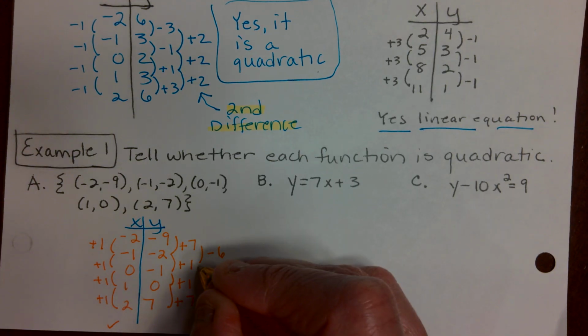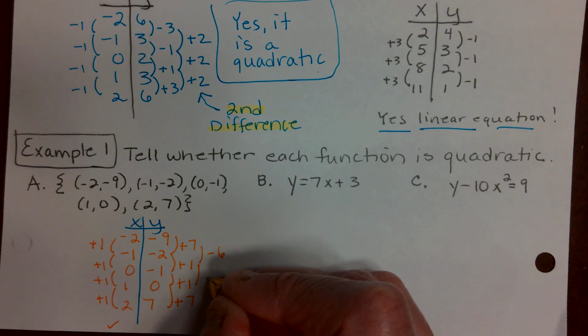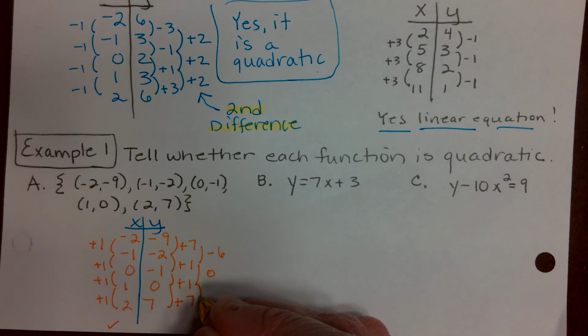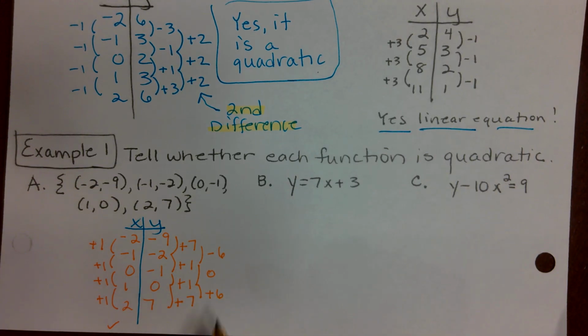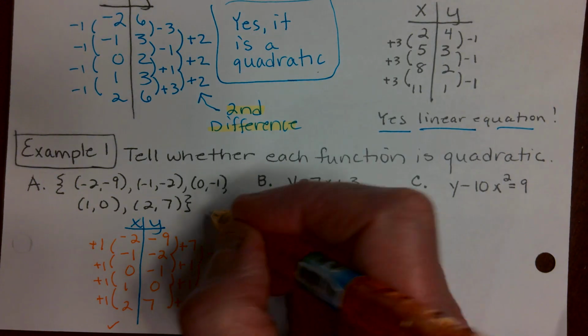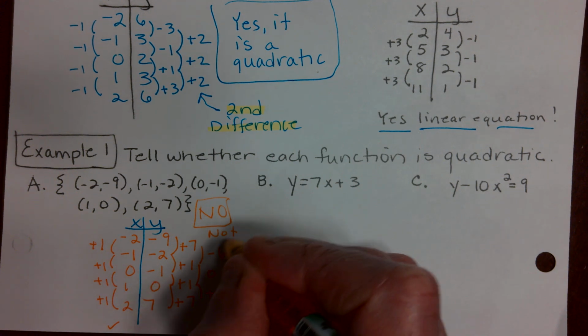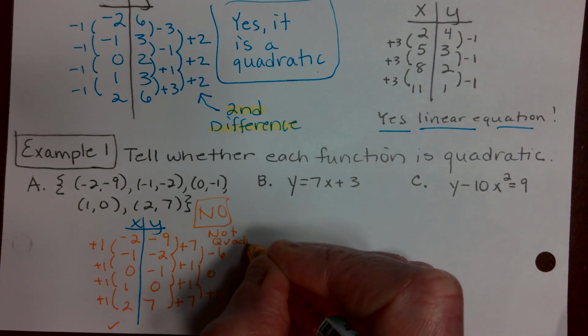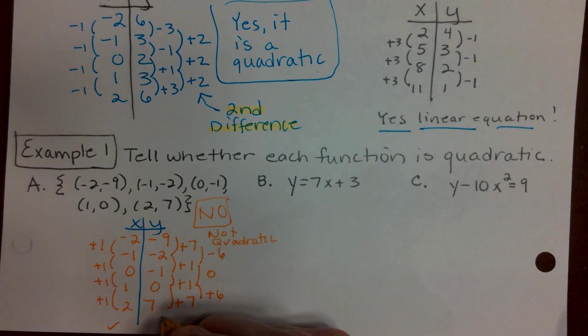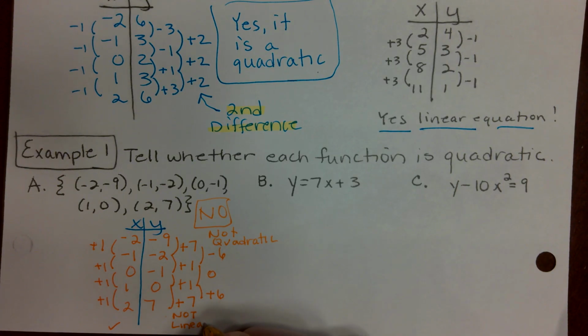Down 6. Nothing. Up 6. No, no, no. Not quadratic. And this one tells you it's not linear.